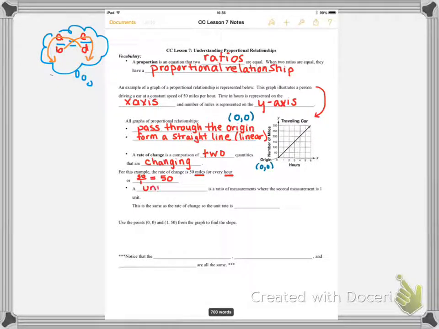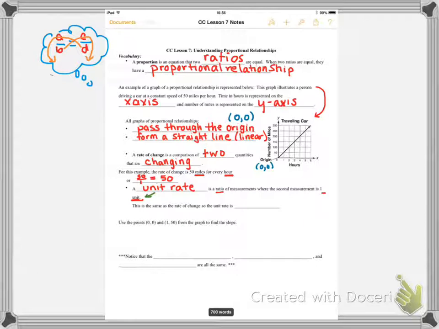And that is a unit rate. A unit rate is a ratio, so that's two equal fractions, of measurements where the second measurement is 1 unit. So you can see that's where that phrase unit rate comes from.